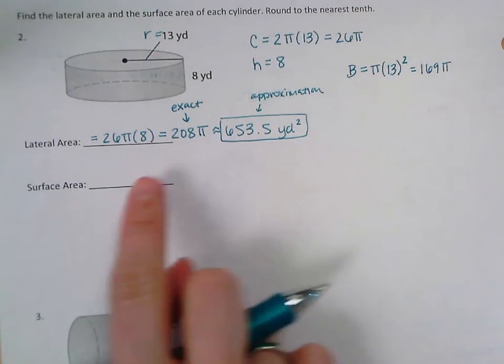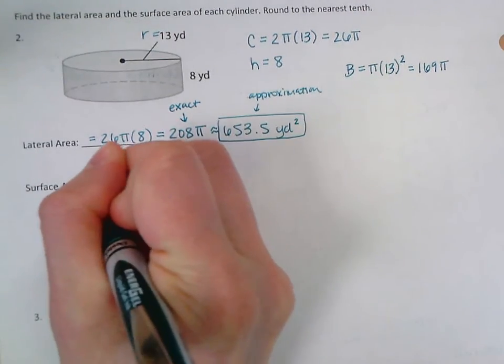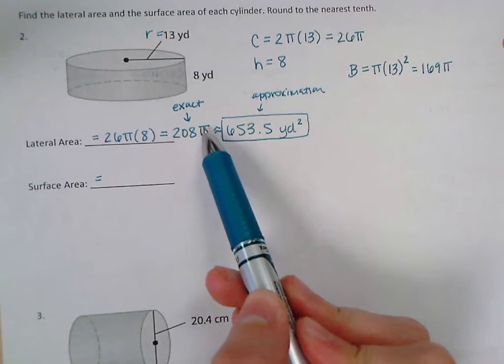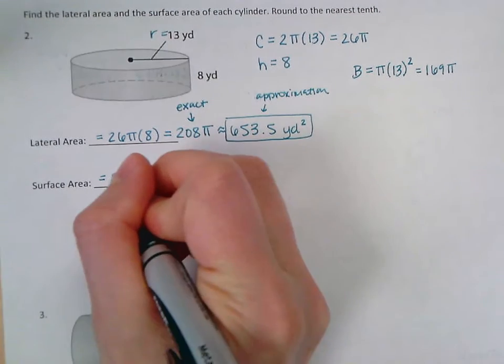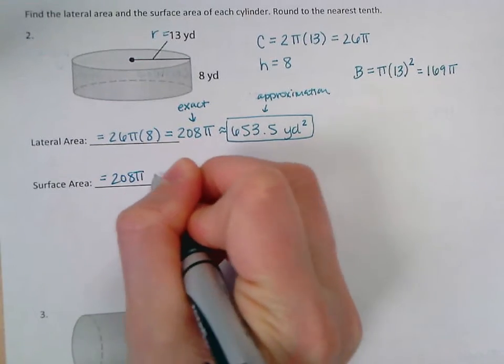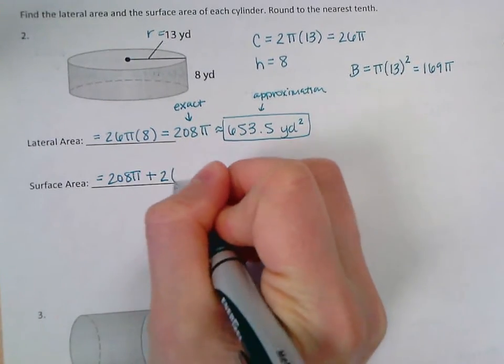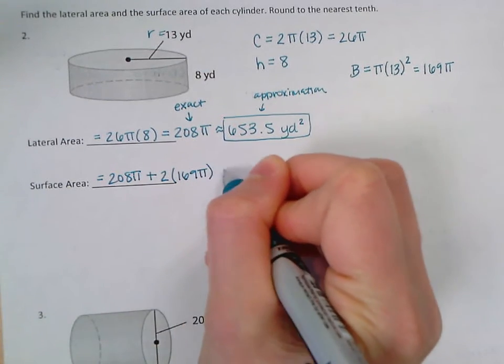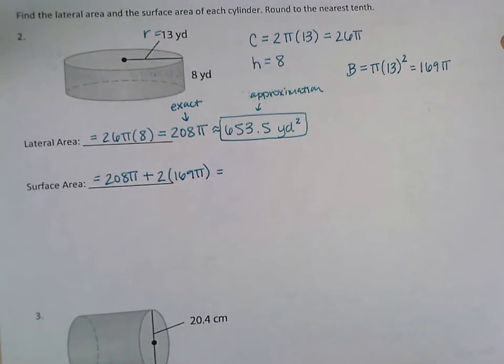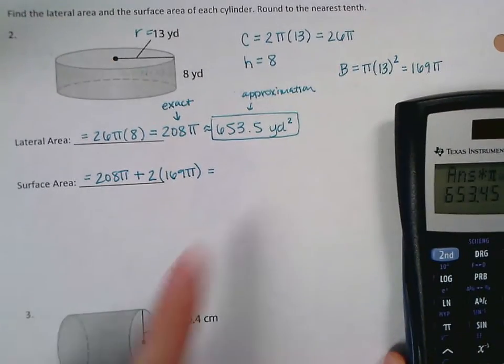So like I said, when I find my surface area, what I'm actually going to do is go back to my lateral area, but put in the exact. So I have 208 pi plus 2 times the area of a base, so 169 pi. And that way, when this is rounded, it's more exact than if I had plugged in the decimal.